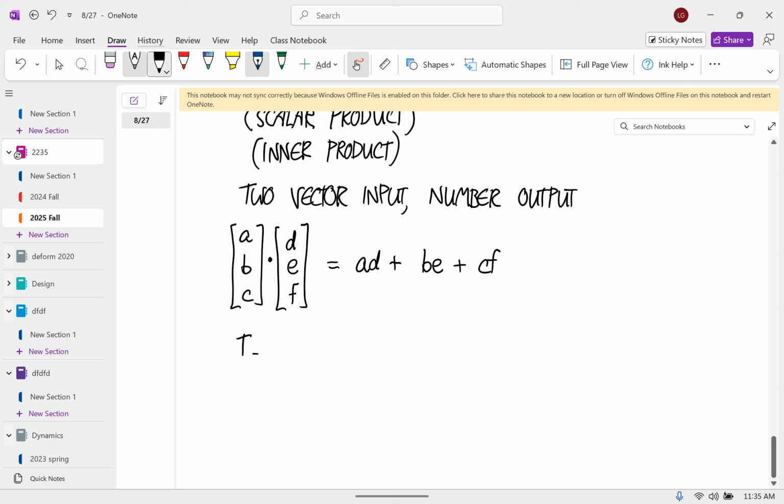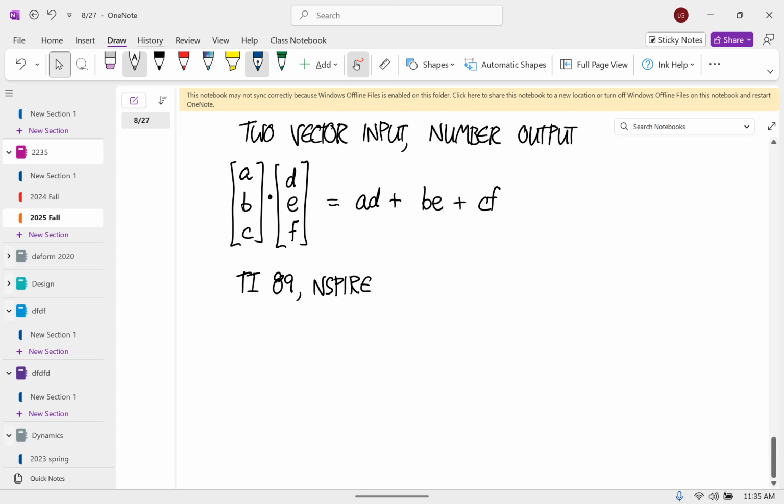In the TI-89 or the TI Inspire, there are built-in functions to do this. So you can just go lowercase dot, uppercase P, put in your two vectors.